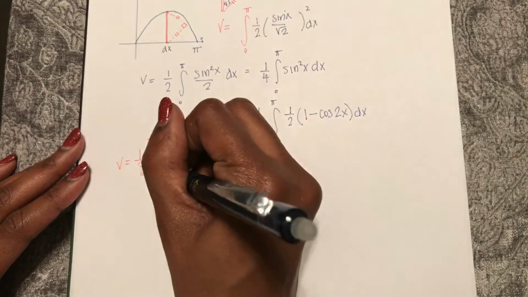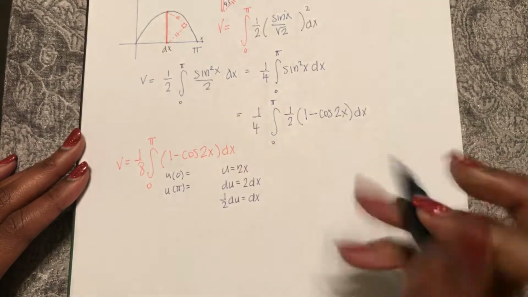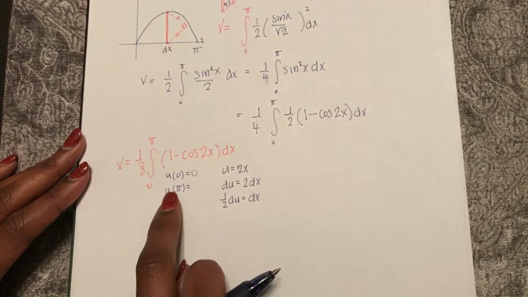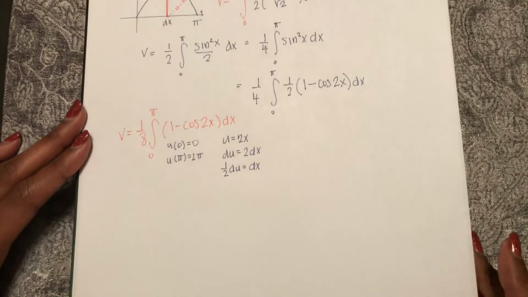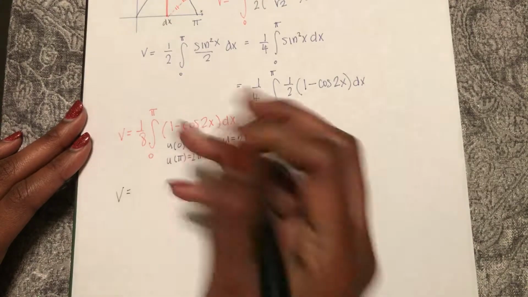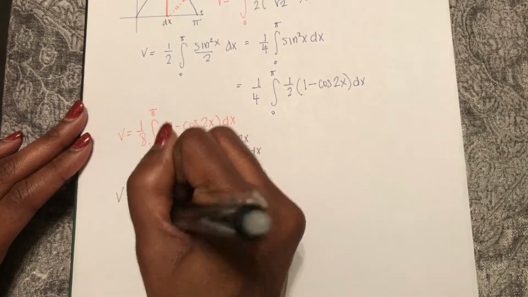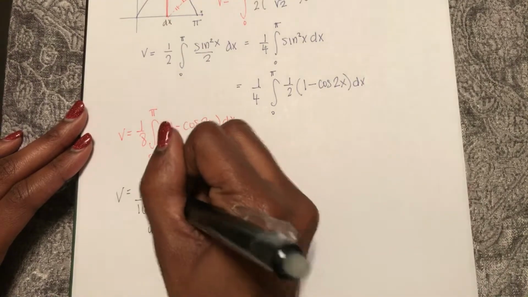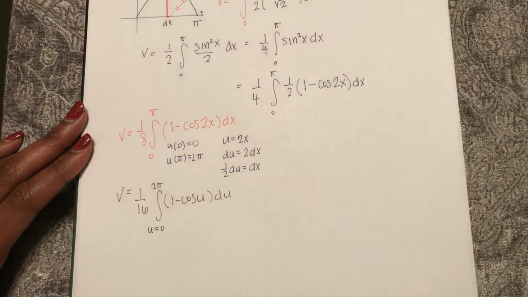Now I don't want to forget changing my limits of integration to be in terms of u as well. U of 0 is 2 times 0, 0. U of pi is 2 times pi, 2 pi. So now this problem changes to, 1/2 times 1/8 is 1/16 integral from u equals 0 to 2 pi of 1 minus cosine u du.